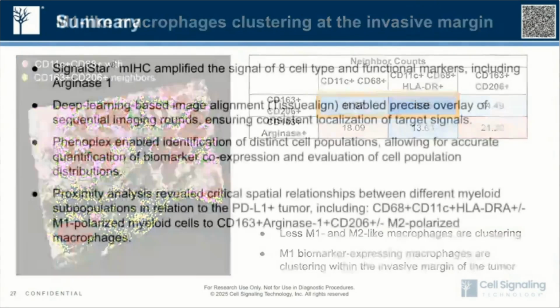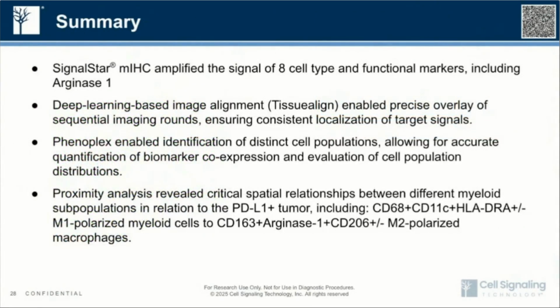So in summary of this little vignette, SignalStar Multiplex IHC amplified the signal of all 8 targets of these cell type and phenotype markers, including arginase 1, which again can be expressed in very low abundance within tissue. We used the deep learning-based image alignment TissueAlign, which enabled precise overlay of the sequential imaging rounds and ensured consistent localization of target signals.